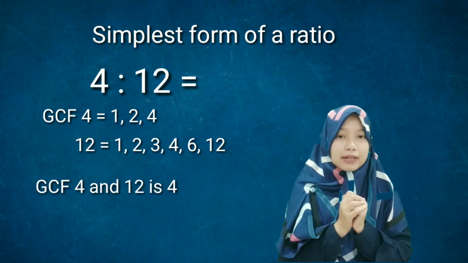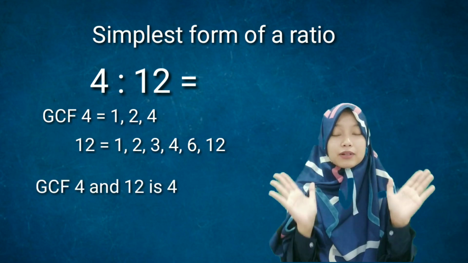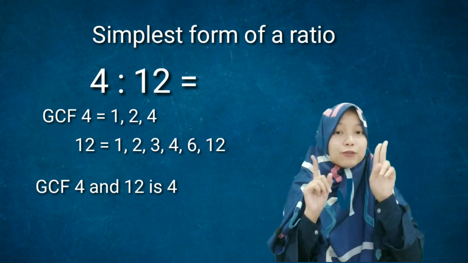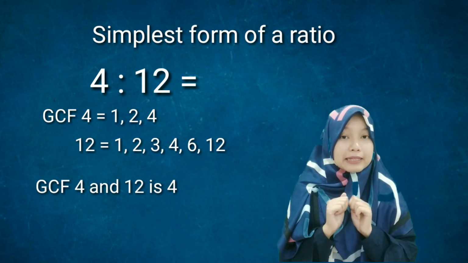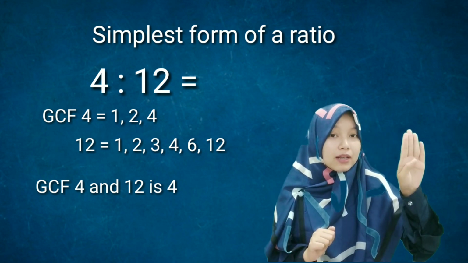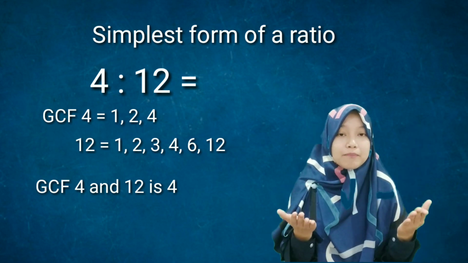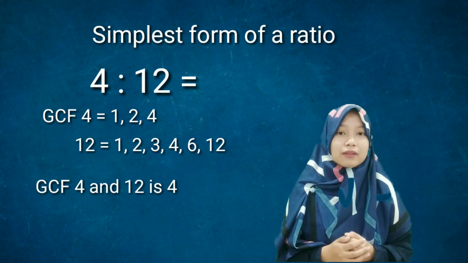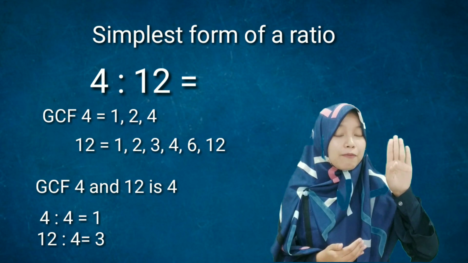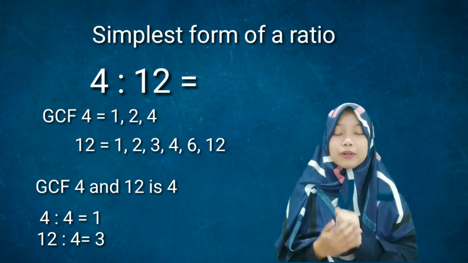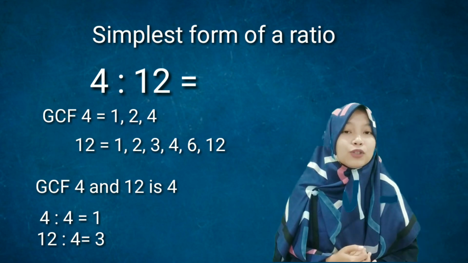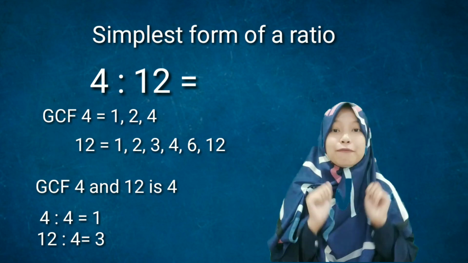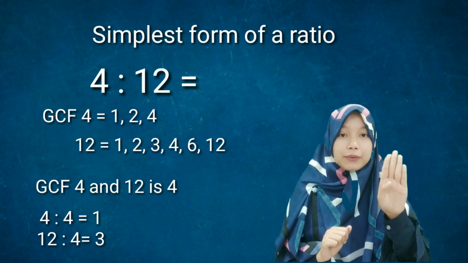It means the greatest common factor of 4 and 12 is 4. So let's divide them by 4. 4 divided by 4 equals 1, and then 12 divided by 4 equals 3.